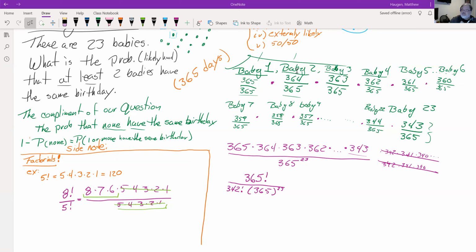So we would need factorial 365 divided by, now it's easier to look at it typed up here, parentheses, factorial 342, times 365 to the 23rd power, and cross our fingers that that's not going to blow Excel with its giant numbers.